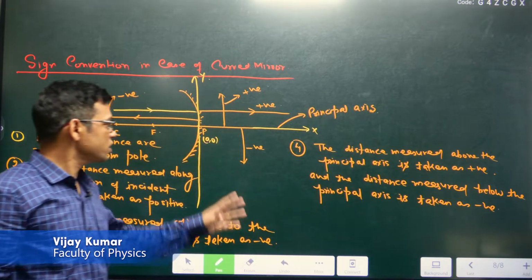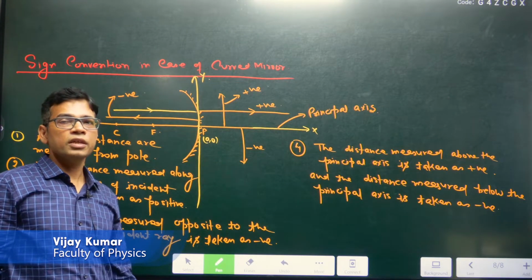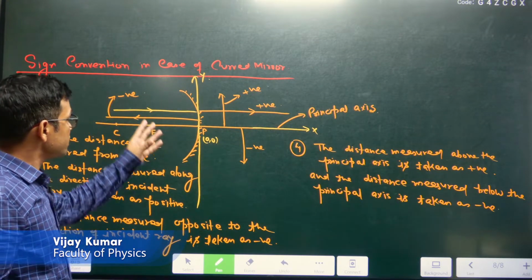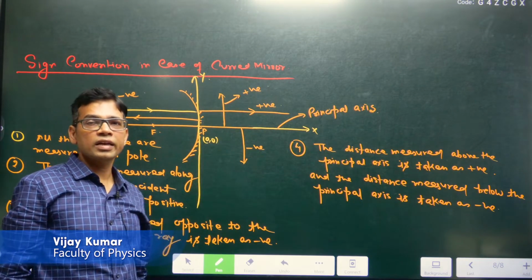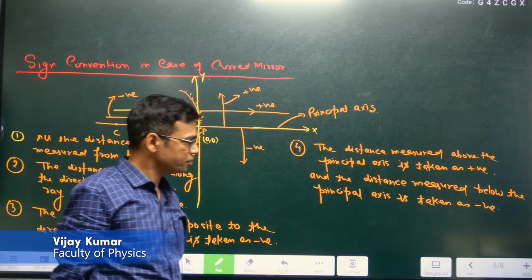So this is about the sign convention in the case of the mirror. This sign convention is applicable for both the concave mirror as well as the convex mirror.